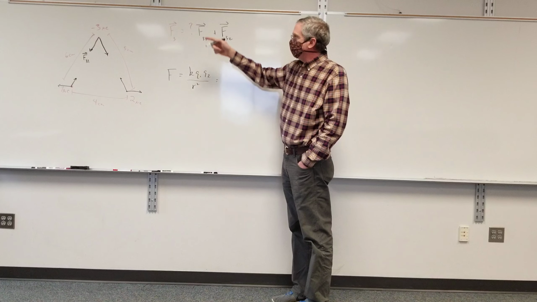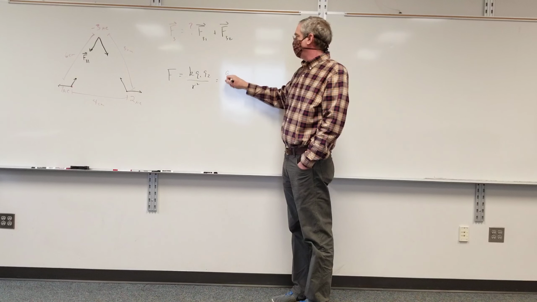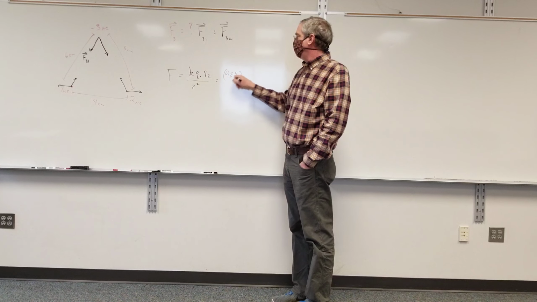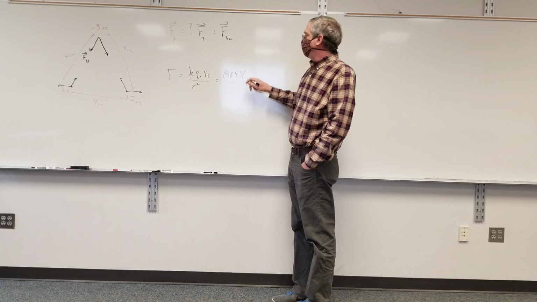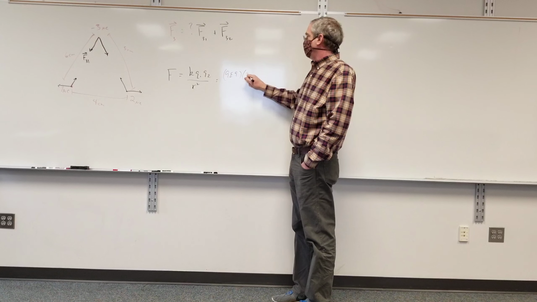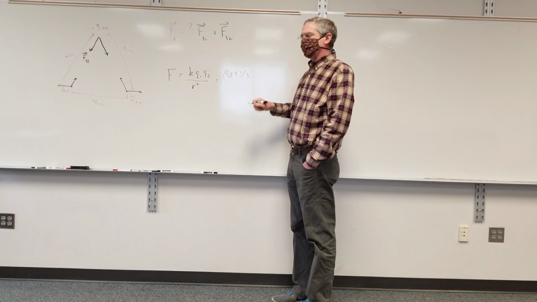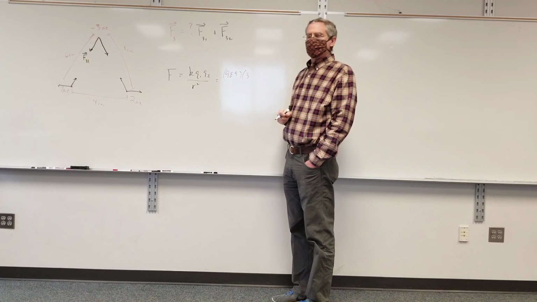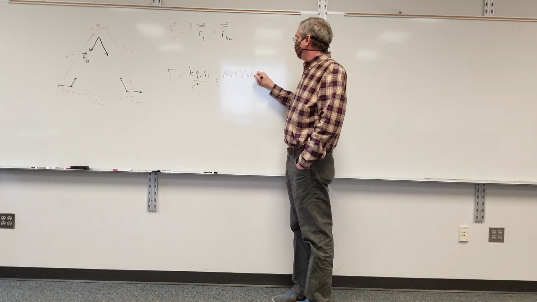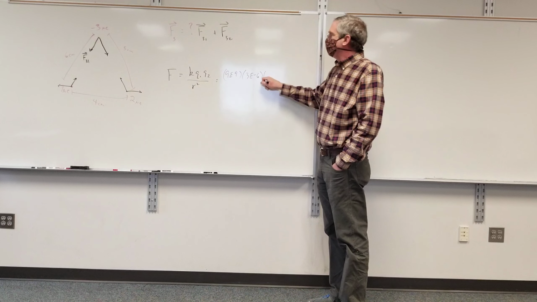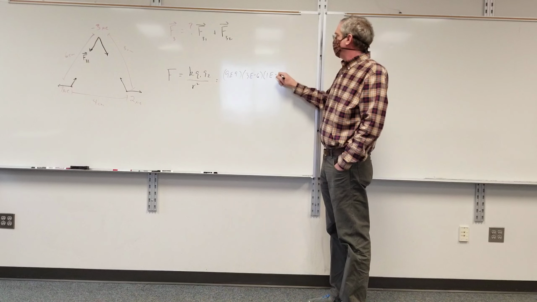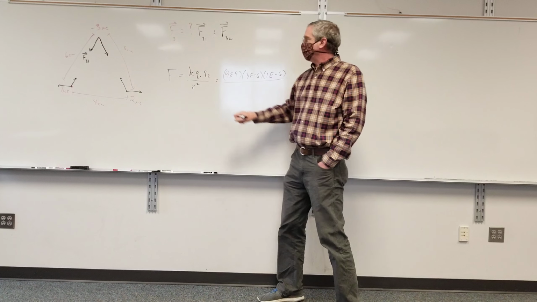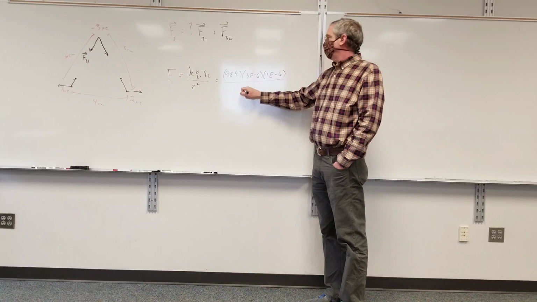So plugging in for the 1-3 combination, we have 9 times 10 to the 9th, Q1, Q3. What is micro anyway? 10 to the negative 6. So 1 E negative 6 divided by 0.06 squared.